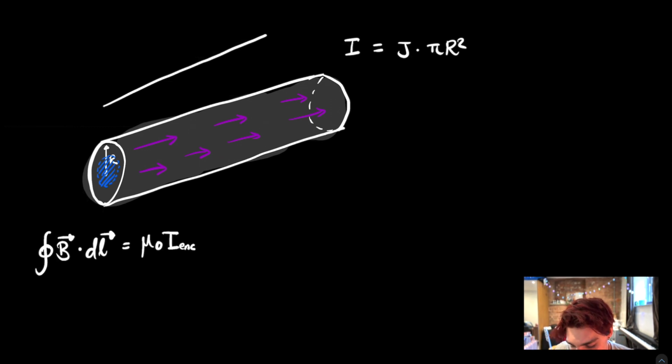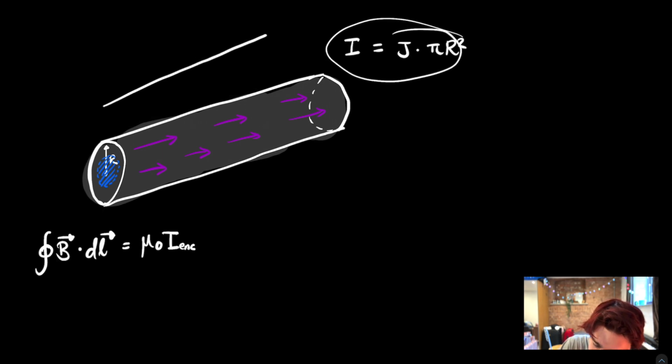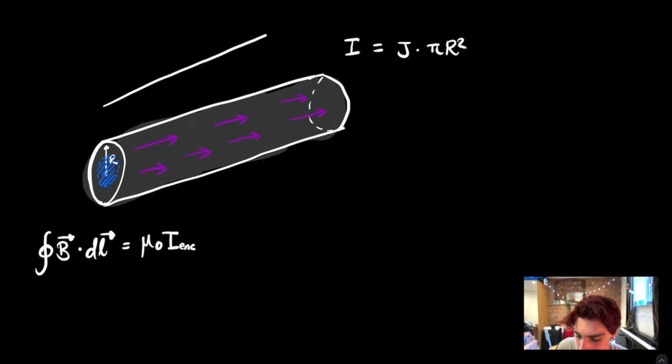So, of course, since the current is proportional to the area, hence this equation right here is proportional to pi r squared, then the enclosed current divided by the total current is just going to be the ratio of the two areas.